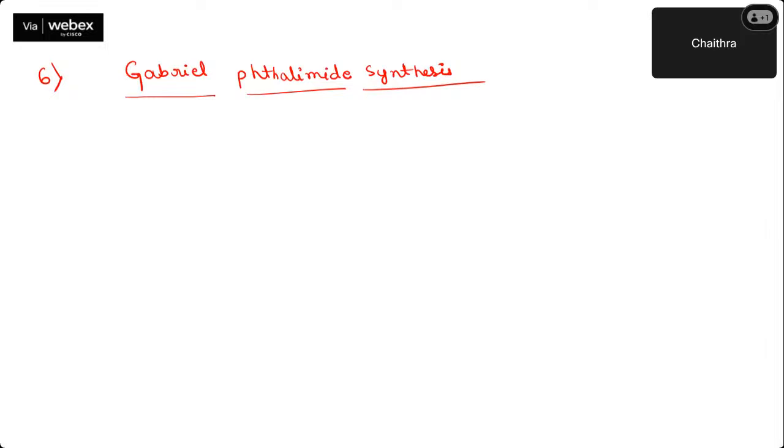Let's write the general reaction. So what's the mechanism utilized? Here you have the SN2 mechanism.